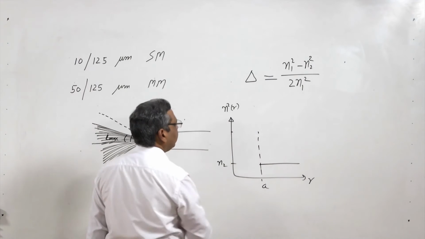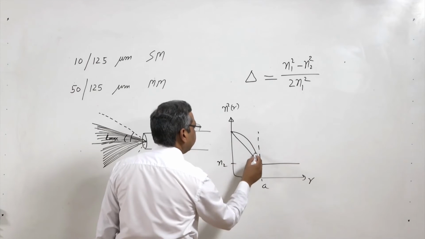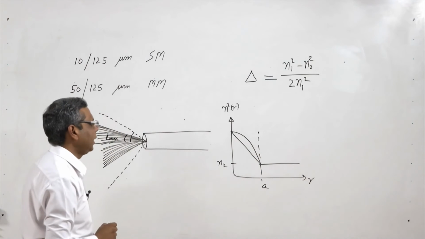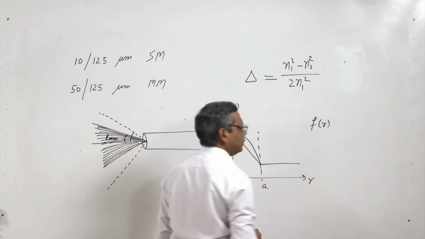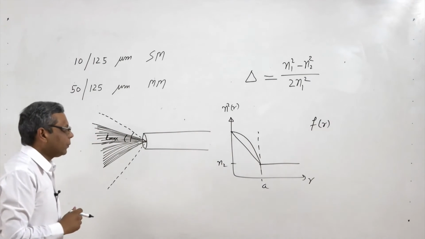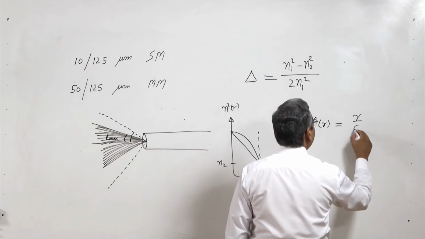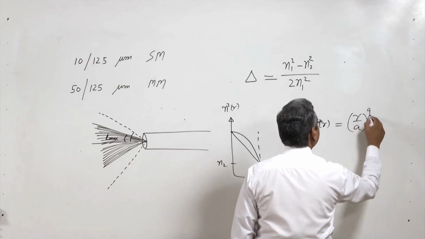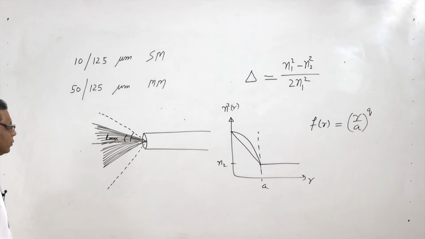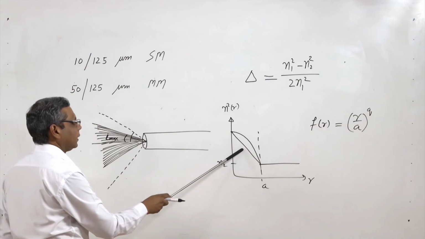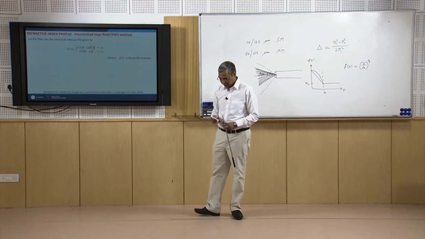Now, in the core, whether the refractive index is this or this, it is defined by this function f r. For a power law profile, this f r can be written as r over a to the power q, this we had seen earlier also. q is equal to 1 corresponds to the triangular profile, q is equal to 2 corresponds to the parabolic profile.